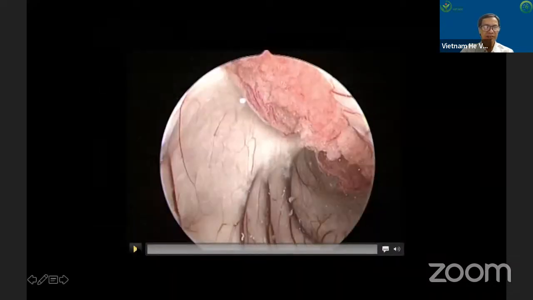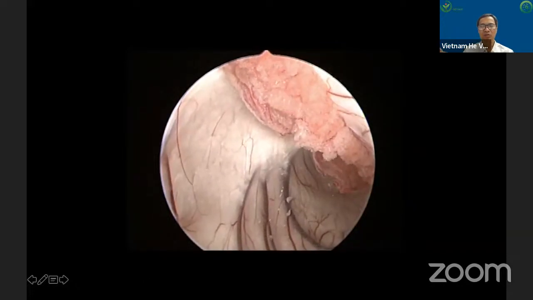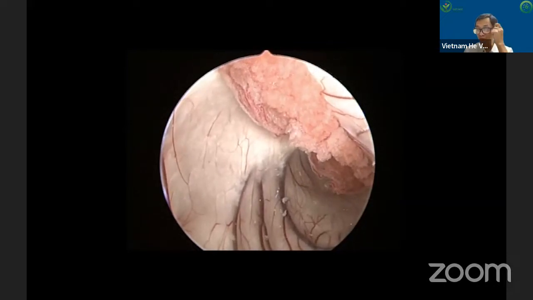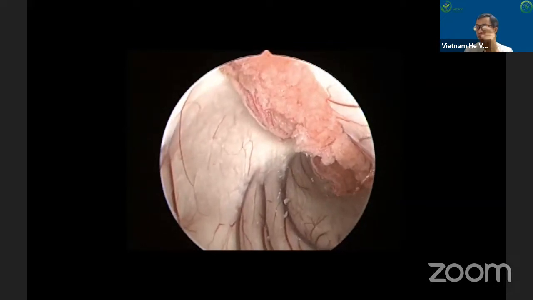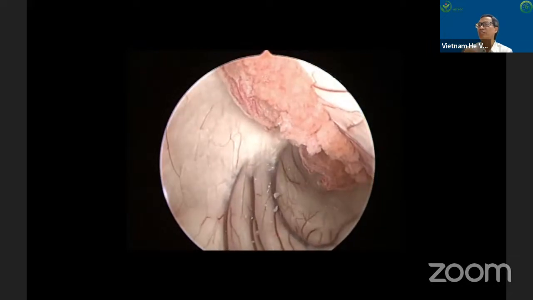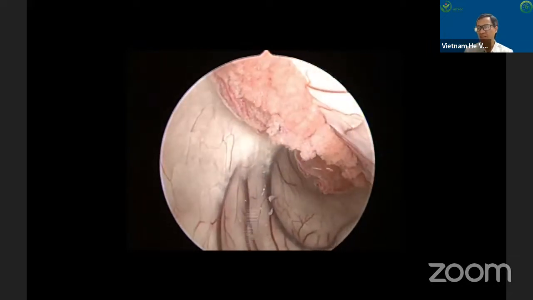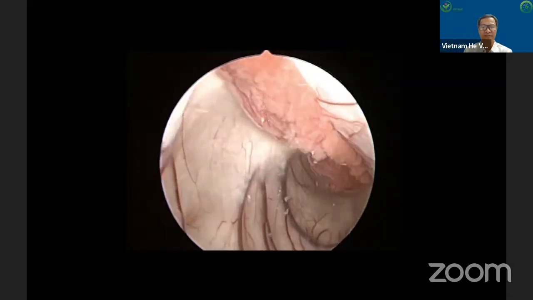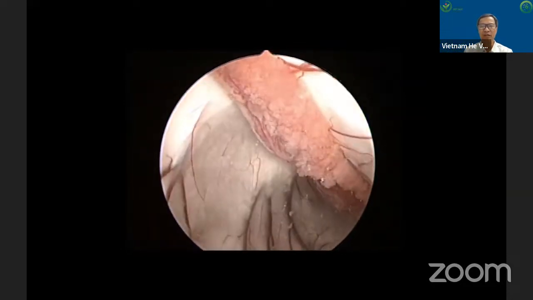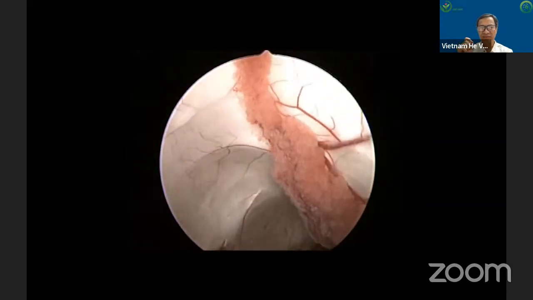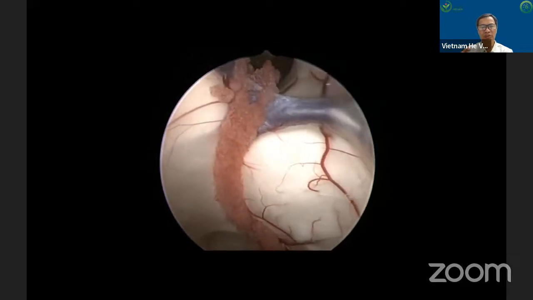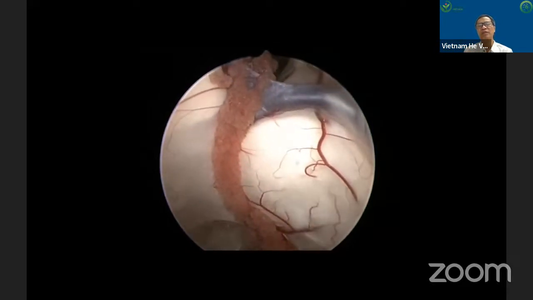But in this case, when we go inside the lateral ventricle, we cannot see the Monroe foramen because the entry point is not correct, I think, and the direction is not correct, it's not a good position, and that's why we cannot see. But in this case, we follow the choroid plexus, and we can find the Monroe foramen.